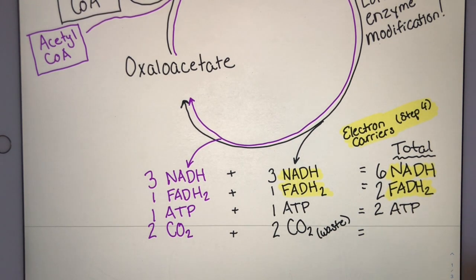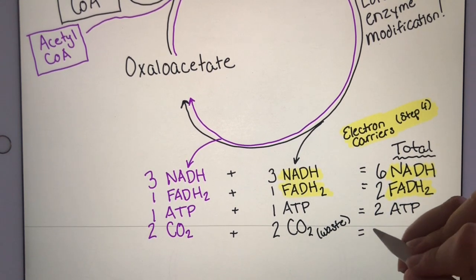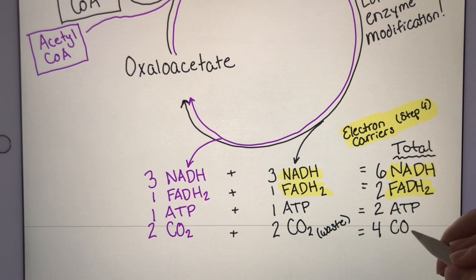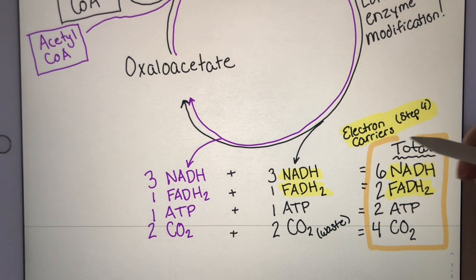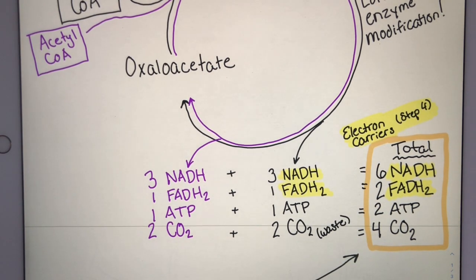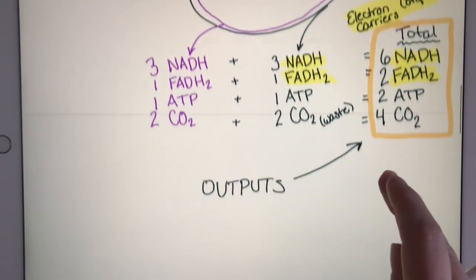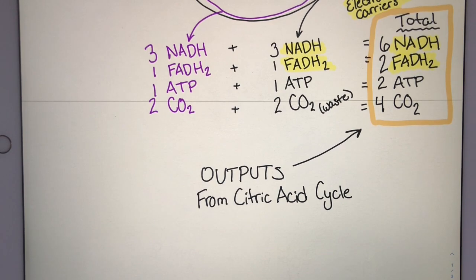That's some usable energy, but it's not nearly all of the ATP we get from cell respiration. And last but not least, we have 4 molecules of CO2. These are your total numbers of molecules, and these are your outputs. So these outputs will be featured in the next video, where we talk about the final step of cell respiration, and that is electron transport.